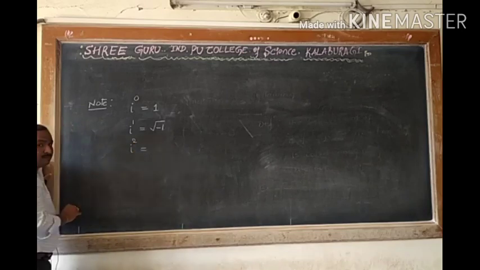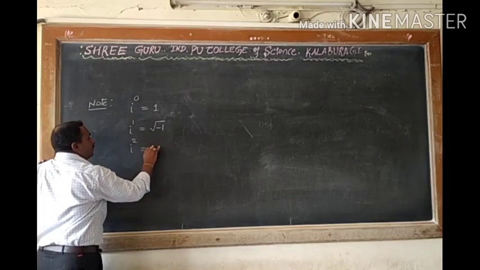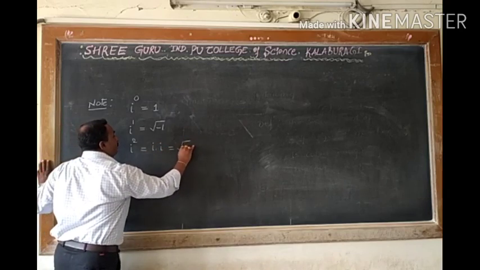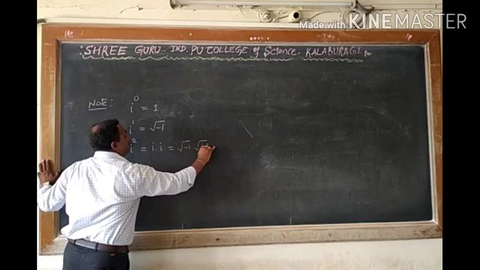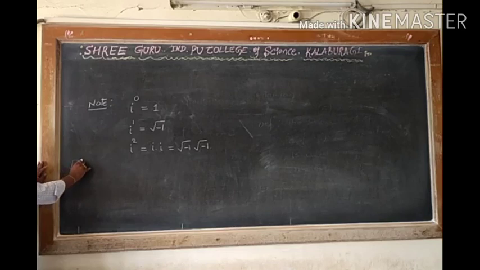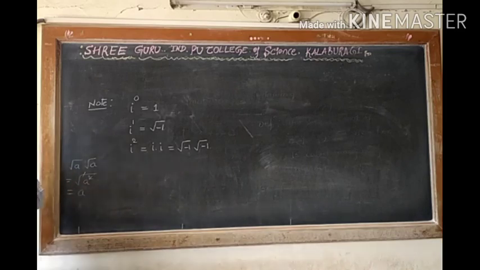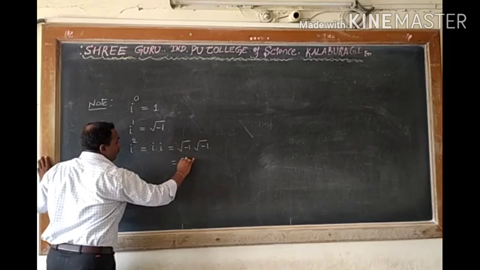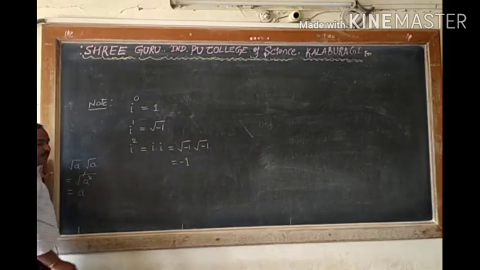I square can be expressed as i into i, which means root of -1 times root of -1. Do you know that root A into root A can be written as root of A into A? Square and root get cancelled, and the value is A. Same here: root of minus 1 times root of minus 1 is minus 1. That is the i square value.